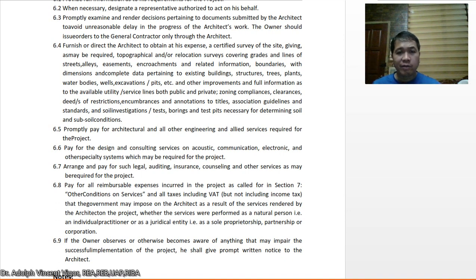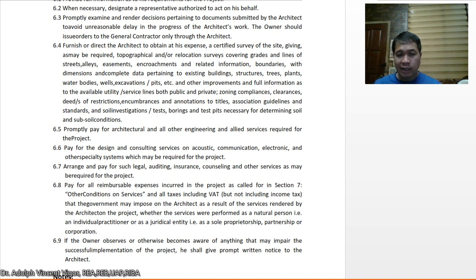Then pay for reimbursable expenses incurred in the project as in section 7, other conditions on services, and all taxes including VAT. So it's the client's responsibility to pay for the VAT, but not including income tax that the government may impose on the project as a result of the services rendered by the architect on the project, whether the services were performed as a natural person, an individual practitioner, or as a juridical entity, a sole proprietorship, partnership, or corporation.